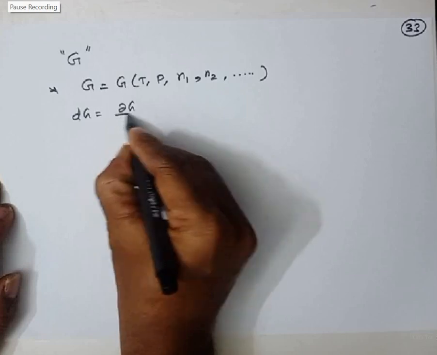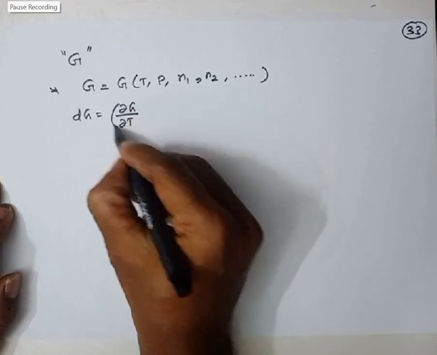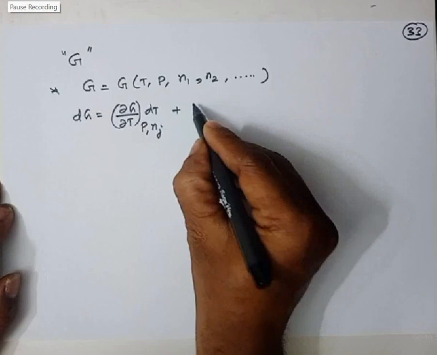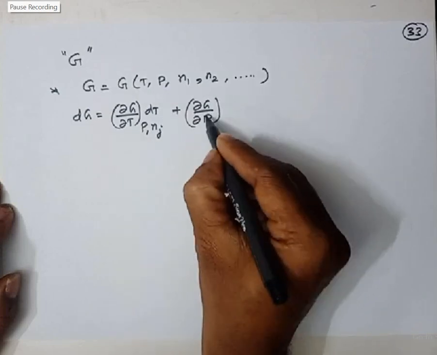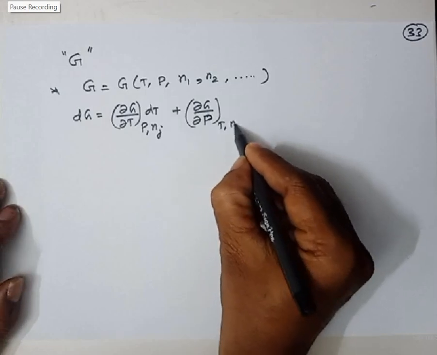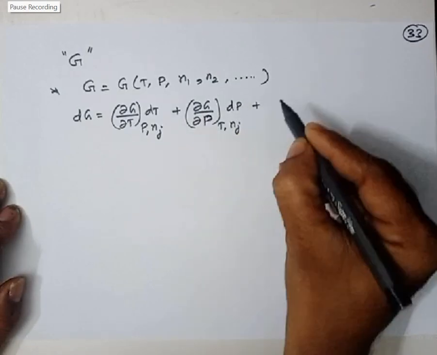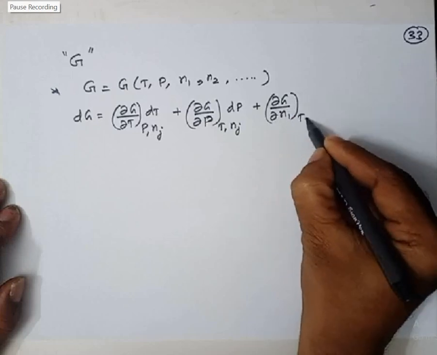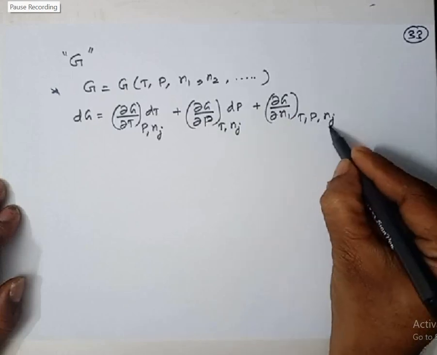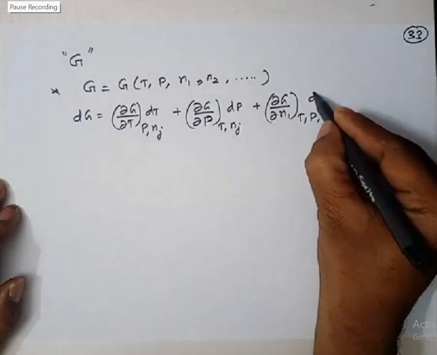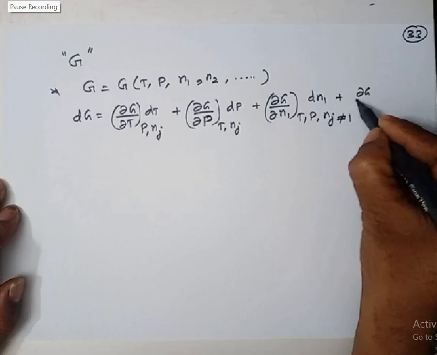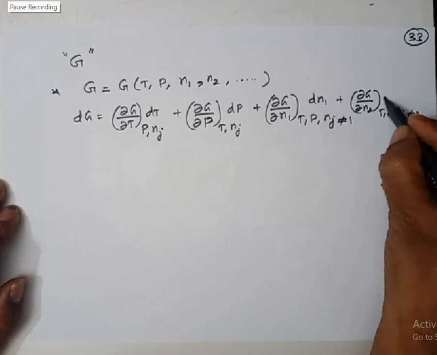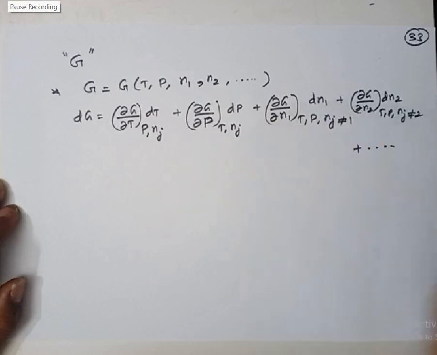So I can write dou G by dou T, the change in free energy due to change in temperature, keeping pressure and number of moles of all components constant, into dT, plus dou G by dou P, keeping temperature and number of moles of all components constant, into dP, plus the change in Gibbs free energy due to change in number of moles of component 1, keeping temperature, pressure and the moles of all other components constant, into dN1, plus dou G by dou N2 at constant temperature, pressure and moles of all components except 2, into dN2, plus etc. It goes like that.